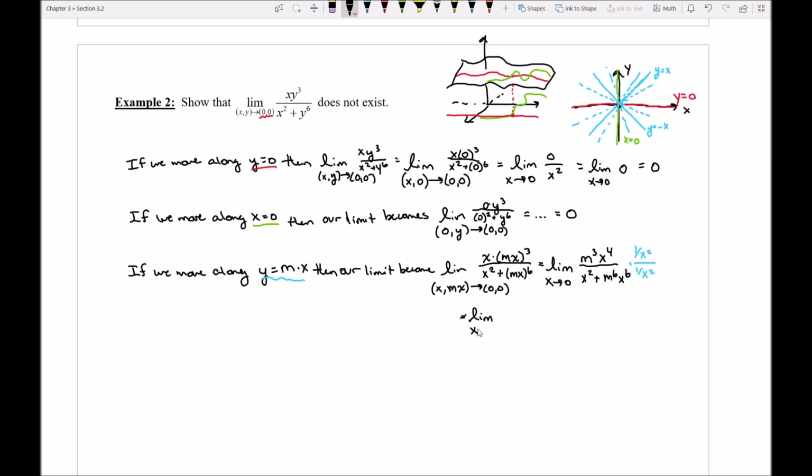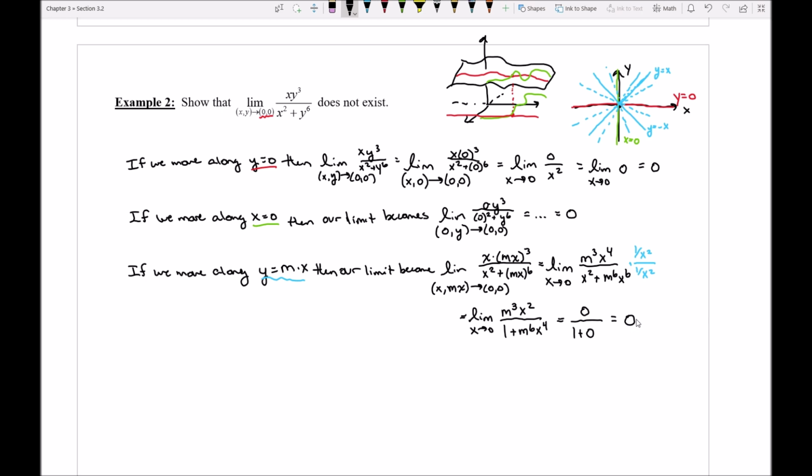Notice that if I do this, I end up with m to the third times x squared in the numerator. In the denominator, I have to distribute this and divide both of the pieces. So I'm going to get 1 plus m to the sixth times x to the fourth. But now it's really easy to figure out what this limit's going to be. If x is approaching 0, I'm going to end up with 0 in the numerator and 1 plus 0 in the denominator. Again, I end up with a result of 0.